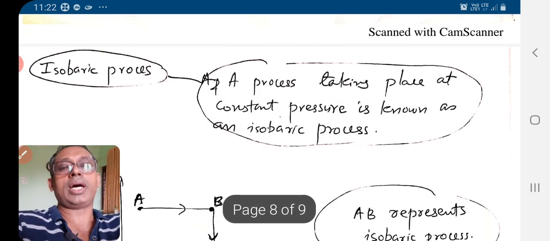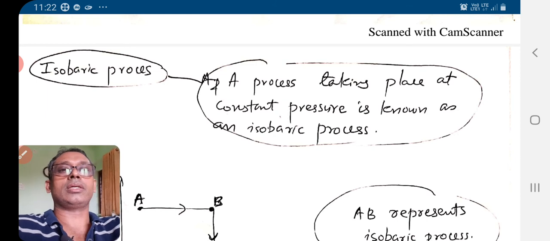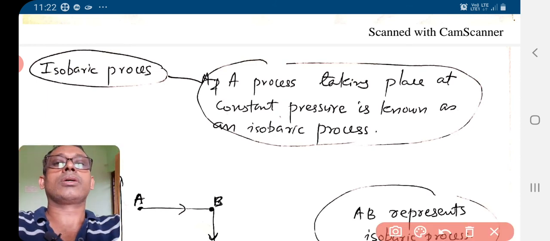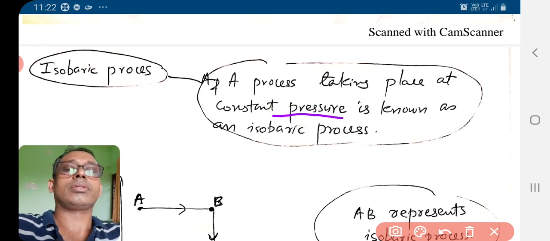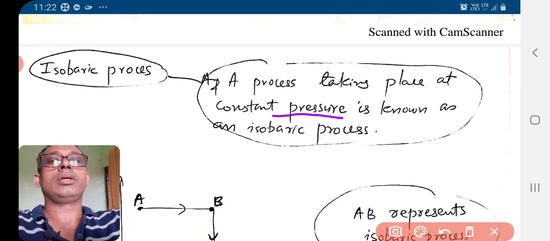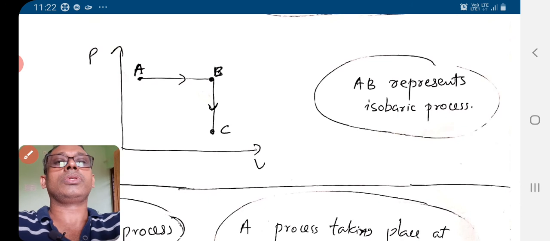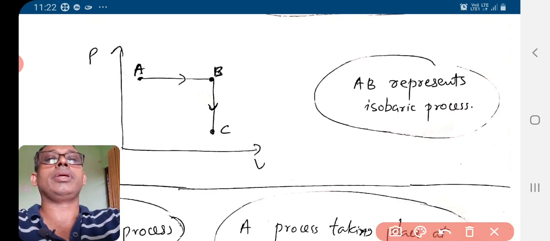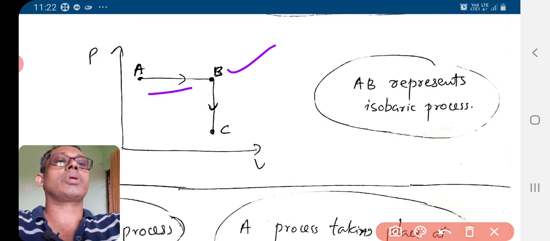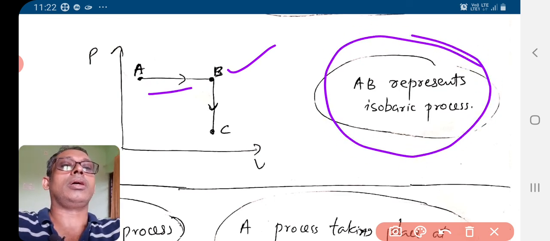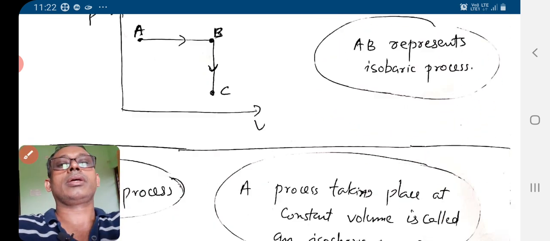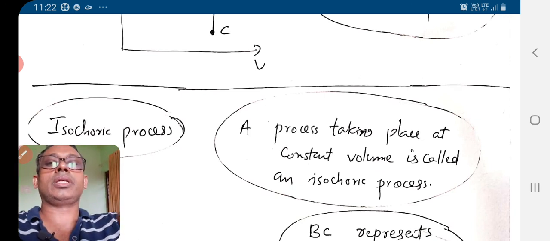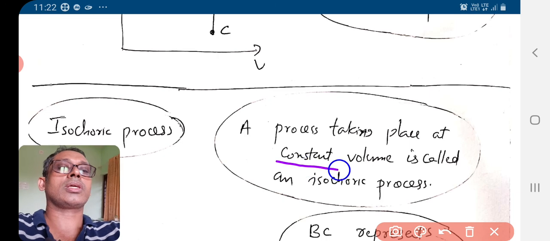Now comes the isobaric process. We all know that an isobaric process is a process taking place at a constant pressure. If you take an indicator diagram here, AB represents the isobaric process. Then the isochoric process, a process taking place at constant volume.